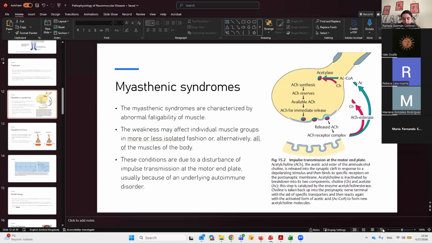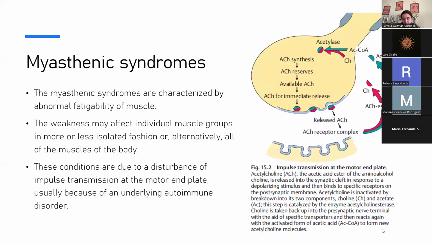So we're going to start with the myasthenic syndromes. Here I have just a reminder of what we saw last time.